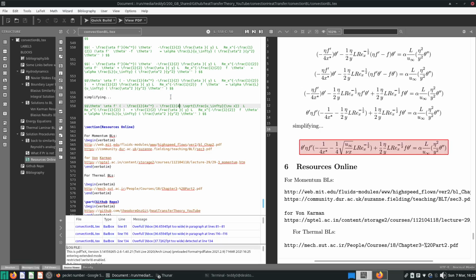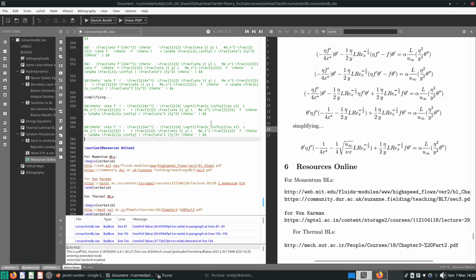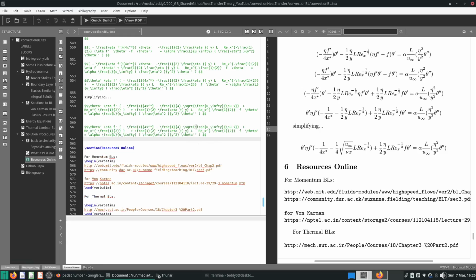And notice here this is actually a square root of the Reynolds number. You can see it's a square root of the Reynolds number over x squared. Square root of Reynolds number over x. So let's do it. Square root of Reynolds number, so this will be Re on top.